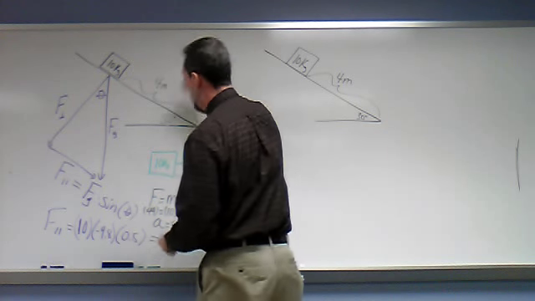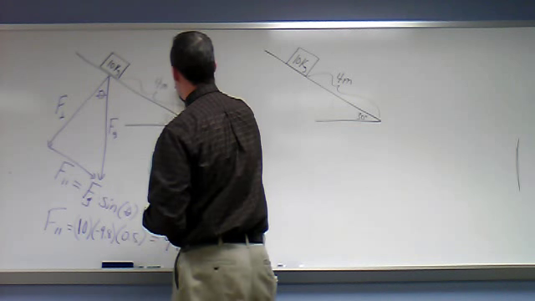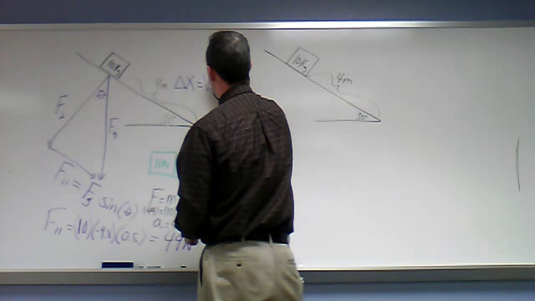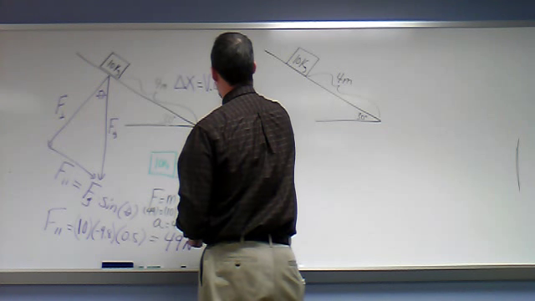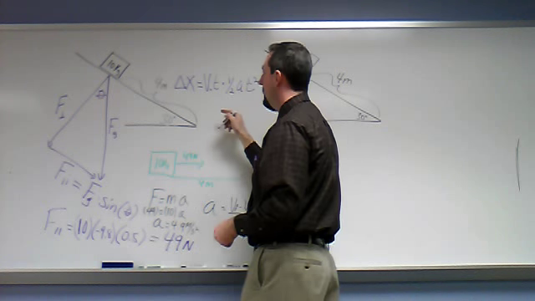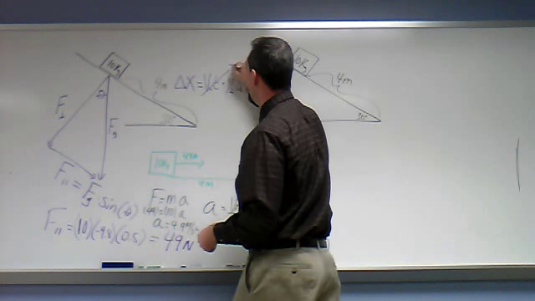Let's go up here. The workhorse formula says delta x equals VOT plus 1/2 AT squared. And in this case, the VO is 0, so that goes away.